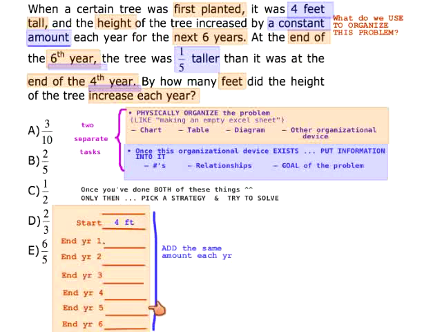And if this was 1/5 of a foot, they would never have forgotten to write foot. So who can tell me what this is? It's 20%. Remember, percentages and fractions are the same thing. So if this doesn't make sense to you as 1/5 taller, just write it as an equivalent form that uses the percentage.